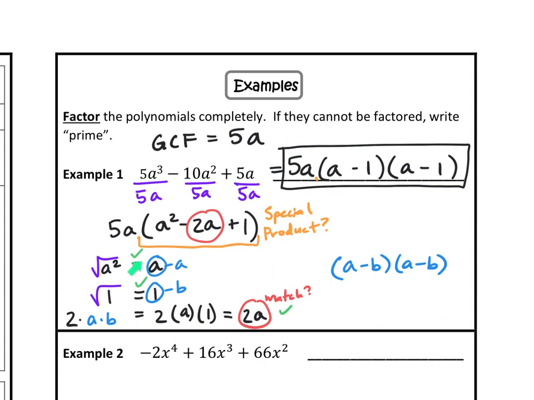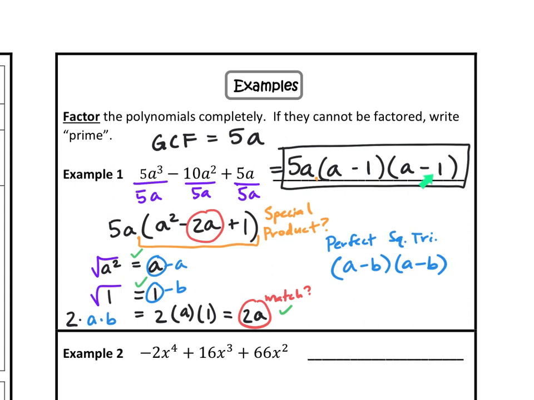And so we did the test to see if it was a special product, and everything checked off, right? Check, check, check. We figured out that it was a perfect square trinomial. And so we say, oh, well, for that formula we use a minus b because we have a minus and a plus. So I did a minus b.